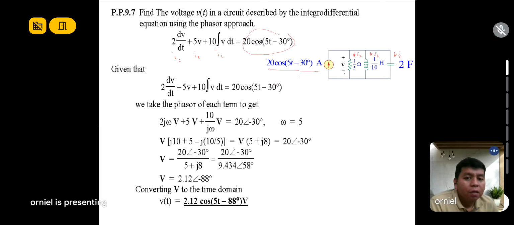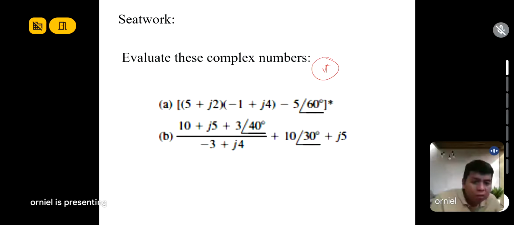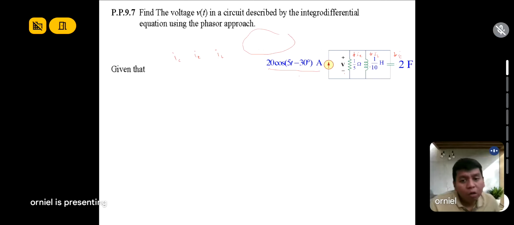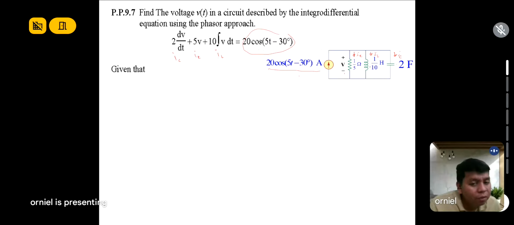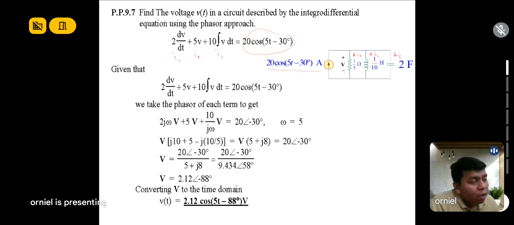Okay? Now, diri na kita tama na sa phasor or the complex numbers and evaluating and so on. No? Now, klaro na ang inyong coverage for the final term.